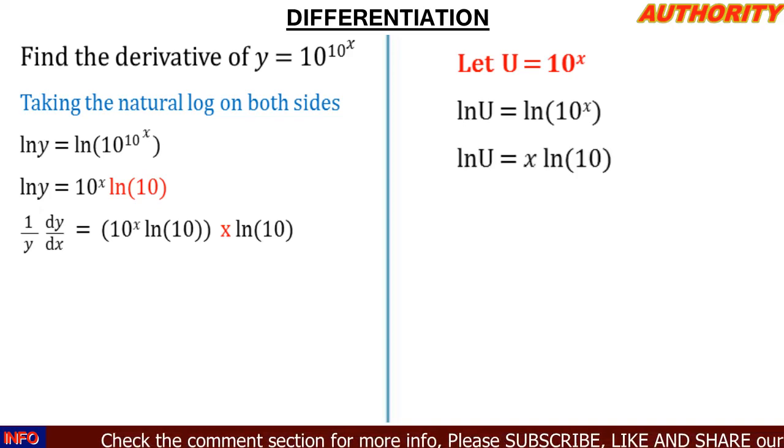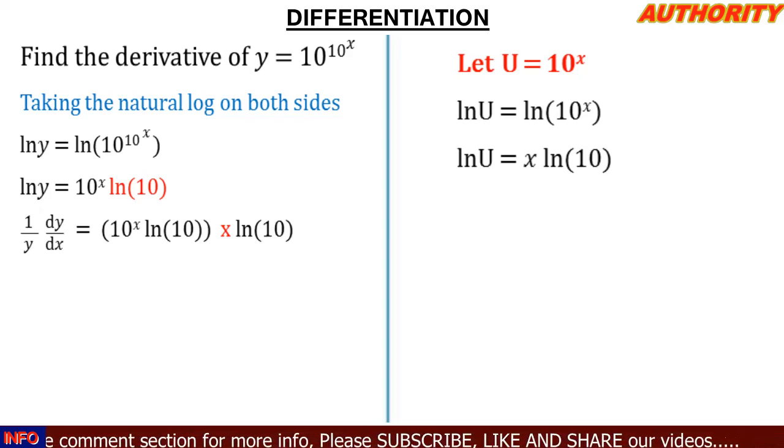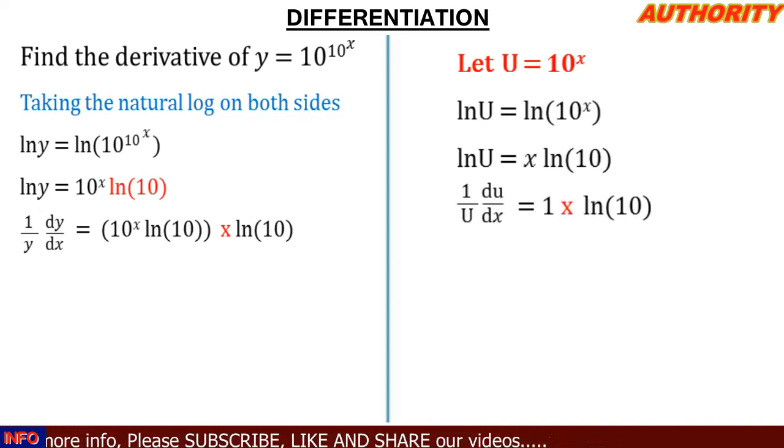So here we have ln u is equal to x ln 10. Now we find the derivative of ln u, which gives us 1 over u du/dx, equal to the derivative of x ln 10. We find the derivative of x, multiply by ln 10, plus the derivative of ln 10, multiply by x.